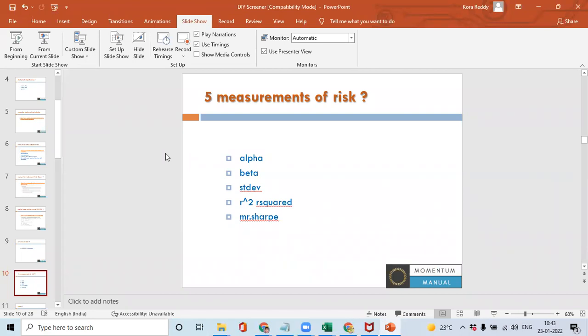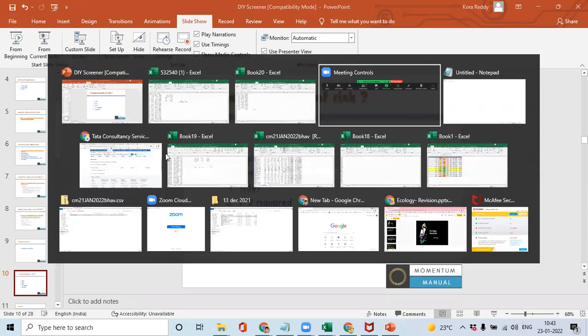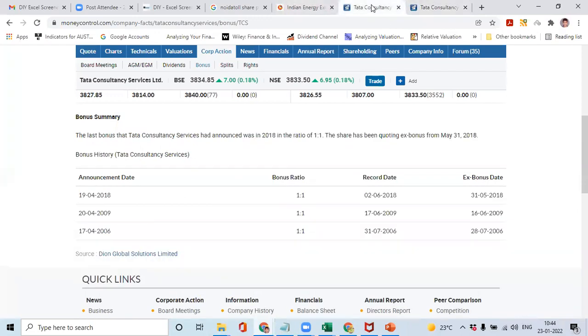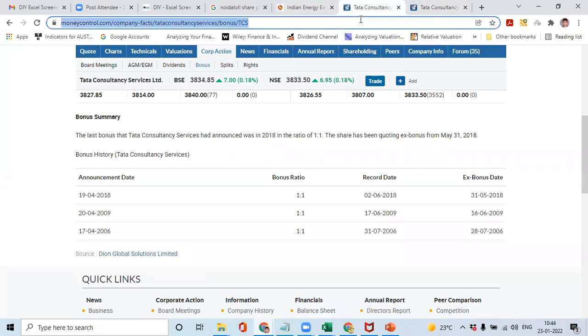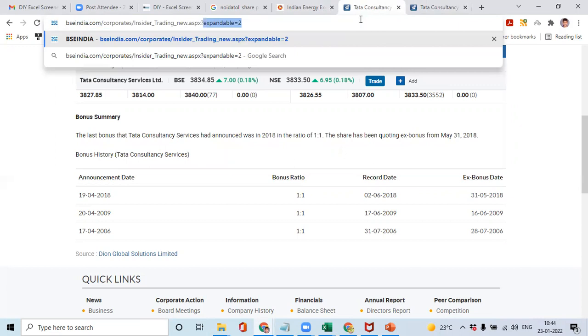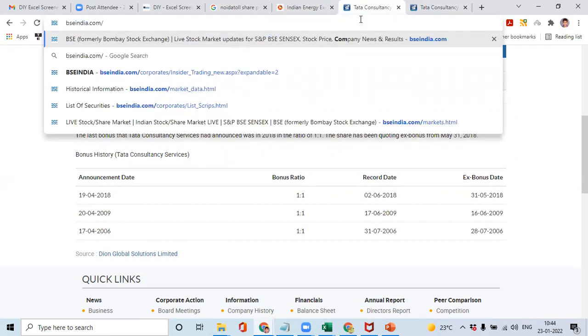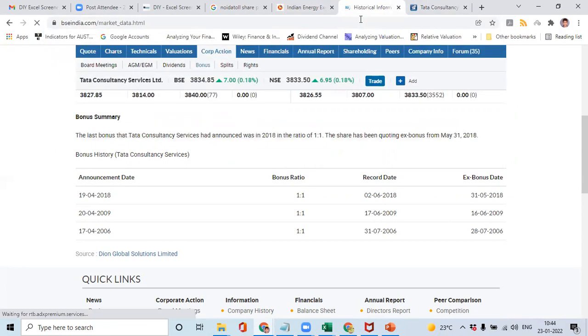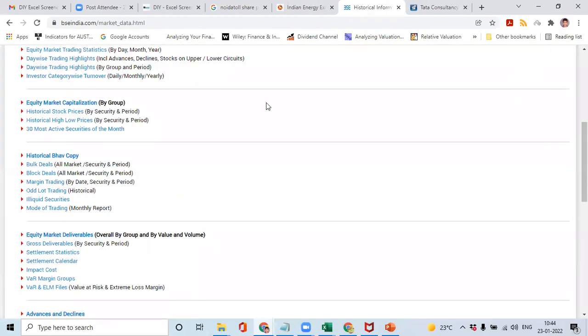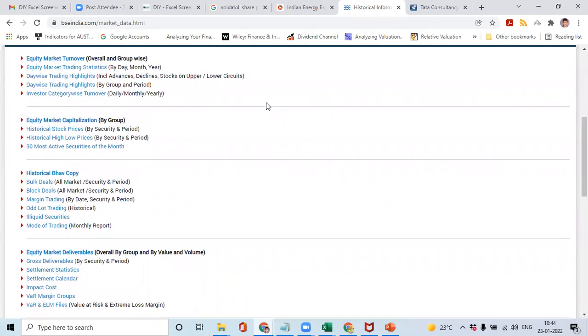All right, and then to know the other calculations, we need a benchmark. So the benchmark is, let's say, Sensex. So where is the market data?